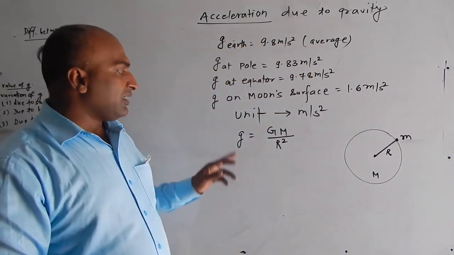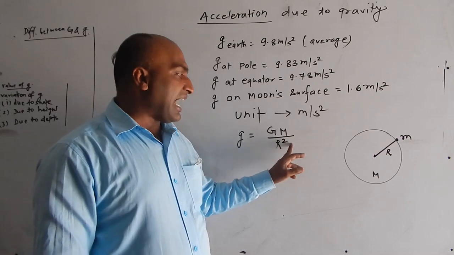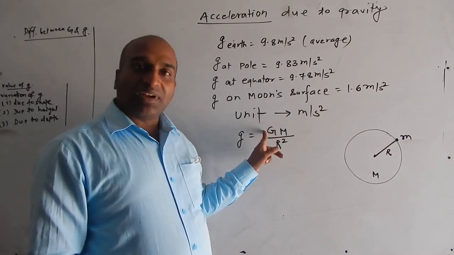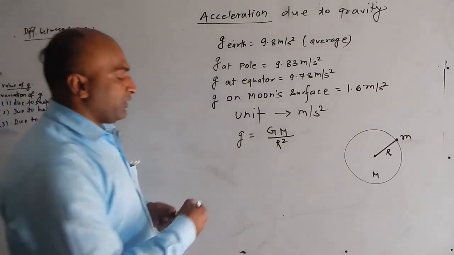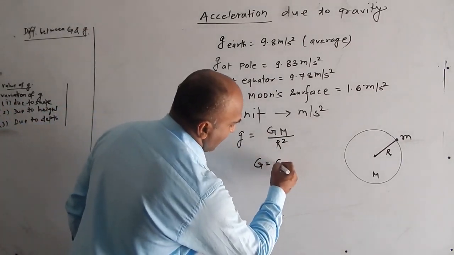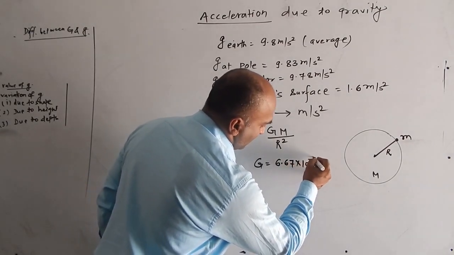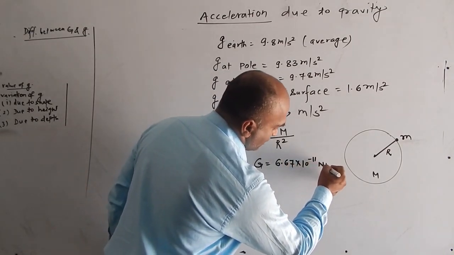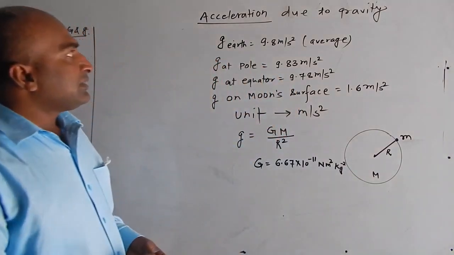Here, capital G represents the universal gravitational constant, where the value of capital G is 6.67 into 10 power minus 11 Newton meter square per kg square.